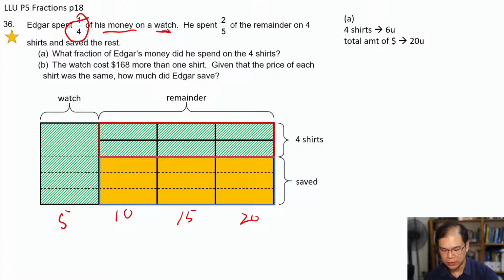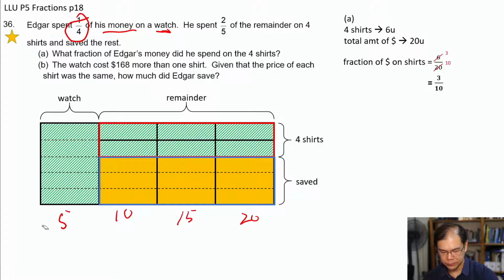Okay, total 20 units. So fraction, 6 out of 20. Is this the simplest form? No, both numerator and denominator are even numbers. So I can simplify them by dividing both the numerator and denominator by 2, which gives me 3 out of 10. So that's the answer for part A, 3 out of 10.